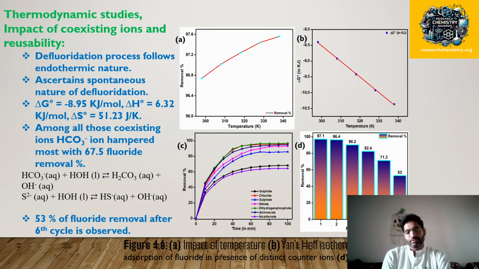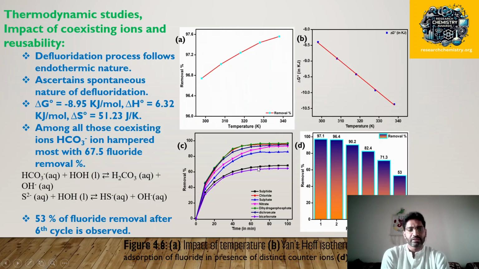Defluoridation was studied in the presence of various coexisting ions such as sulfide, chloride, sulfate, nitrate, dihydrogen phosphate, carbonate, bicarbonate, etc. Among all those ions, sulfide and bicarbonate are the two ions which have hampered the defluoridation process the most, with nearly 67.5% of the fluoride removal percent affected by these two ions.